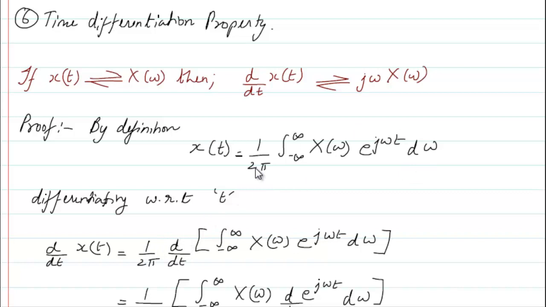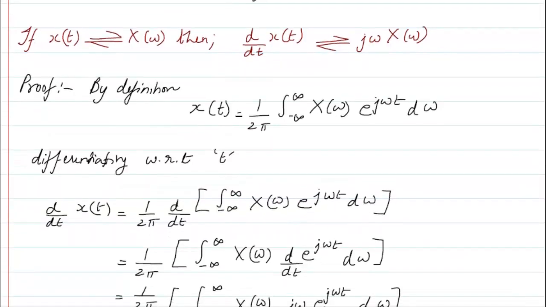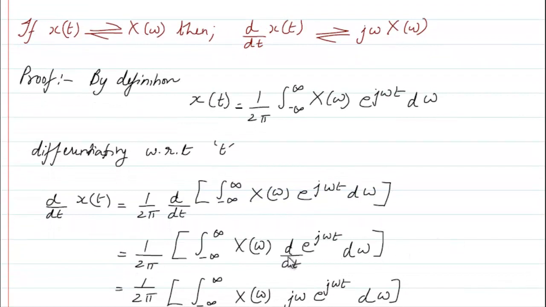If I differentiate this side, 1 by 2 pi I will take outside, and the remaining portion I will differentiate. Obviously since it is with respect to t, X of omega can't be differentiated, only e raised to power j omega t can be differentiated. So when we differentiate e raised to power j omega t, we get a j omega outside.